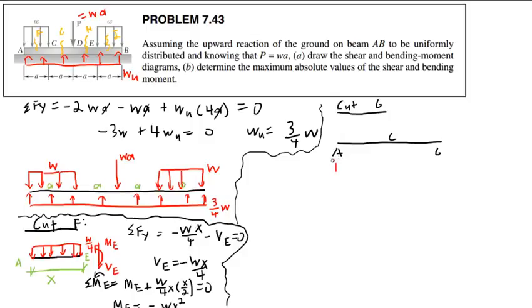We'll have the upward force. I cannot combine these into a single force now. I could only do that here for simplicity. But now they're covering different areas, so I can't get away with doing that. So I have this upward force of 3/4 W. I have this force of W from A to C.